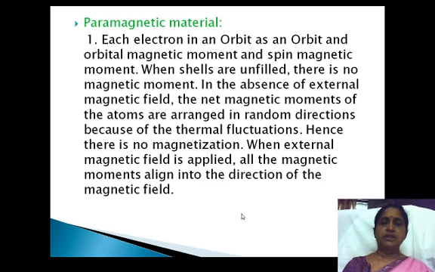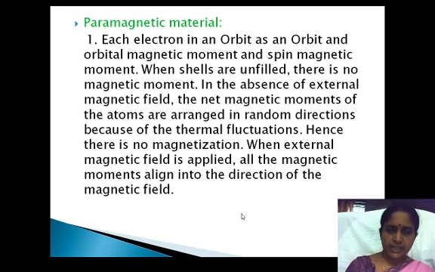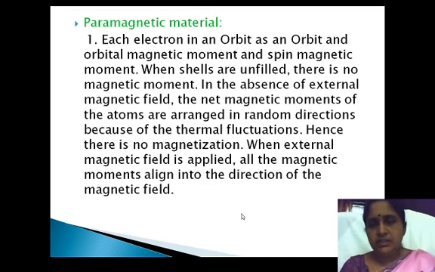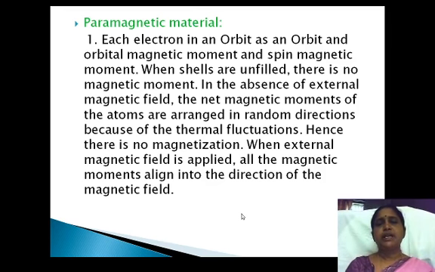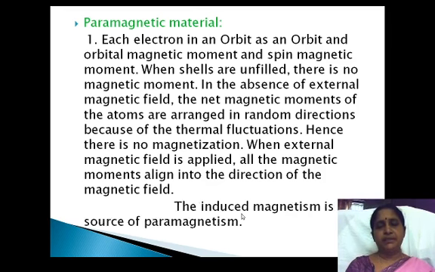We take two magnetic moments, orbital and spin; if there is no magnetic field, they are arranged randomly. When you give an external field, the magnetic moments align in the direction of the applied field.